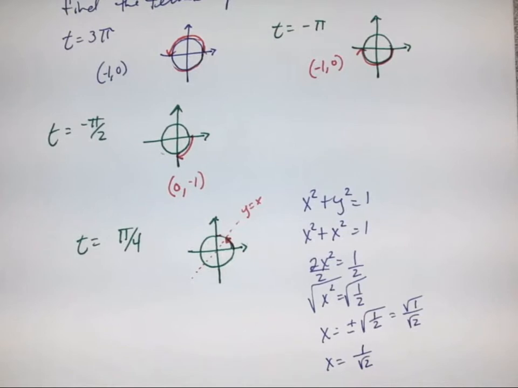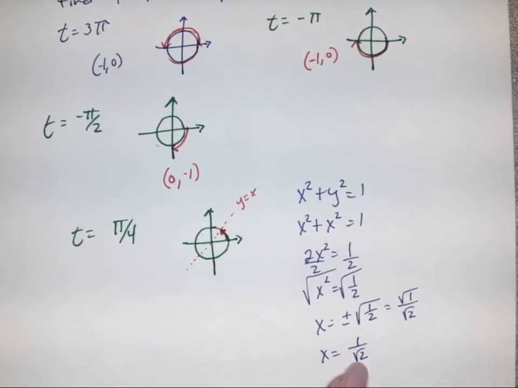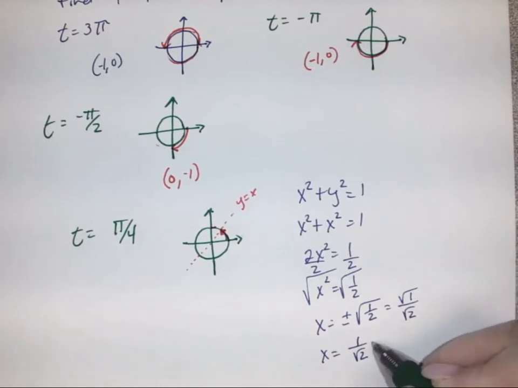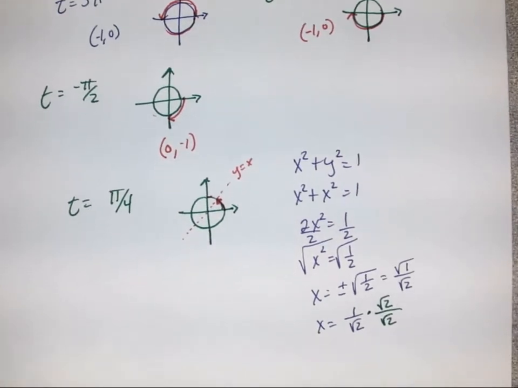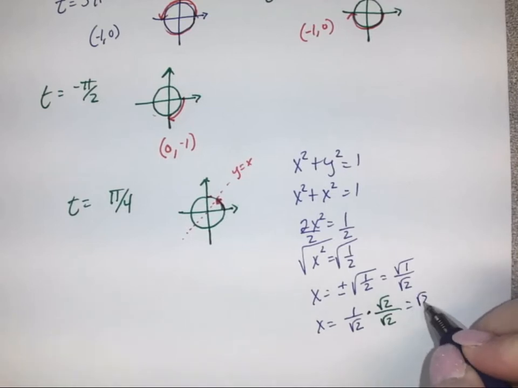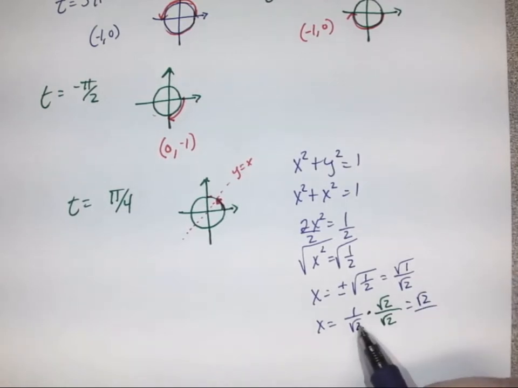Now, we do not like to keep square roots in the denominator. We want to rationalize the denominator. To do that, you multiply the top and the bottom by whatever the denominator is, because we can multiply by 1. 1 can be anything we need it to be, and in this case, we need it to be the square root of 2 over the square root of 2.